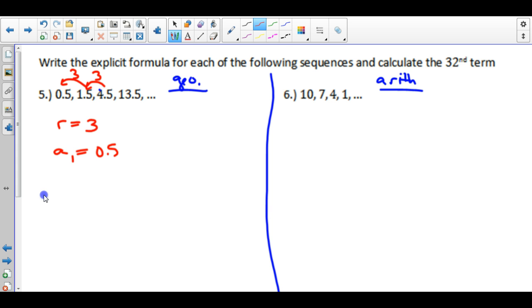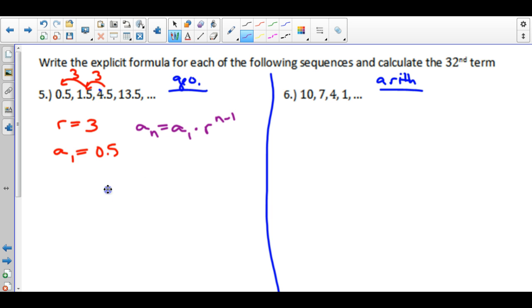So now I can just use my little friendly formula. Again, the formula for a geometric sequence is a_n, where n is any term number, equals your first term times your common ratio to the n-1 power.